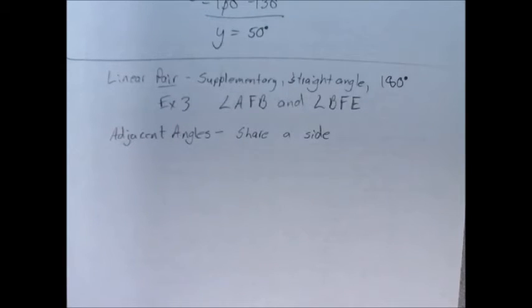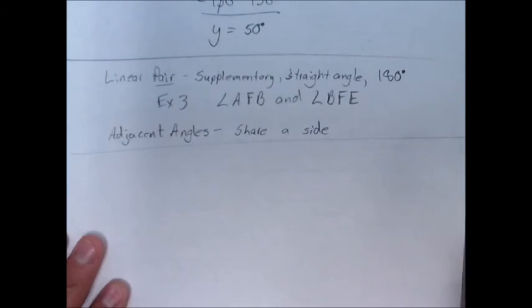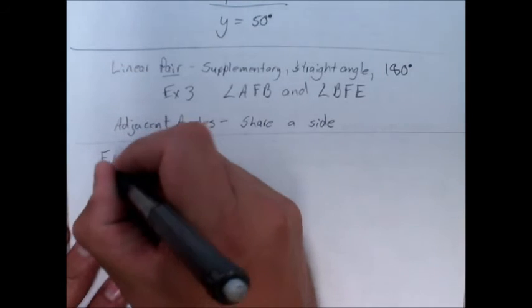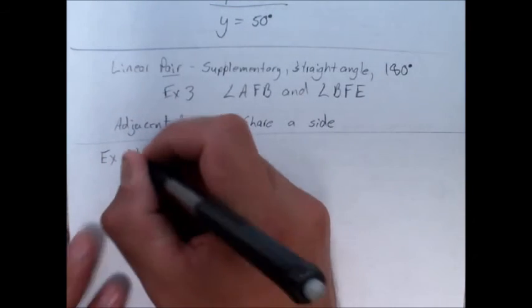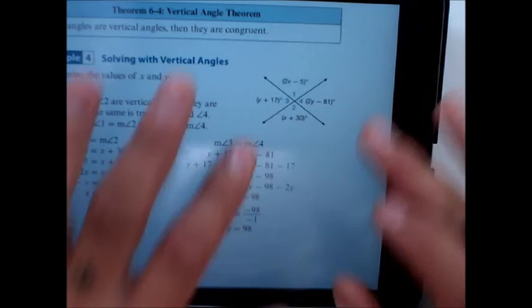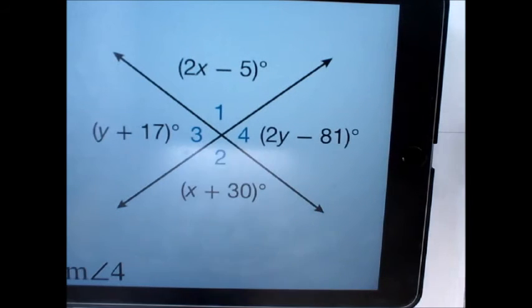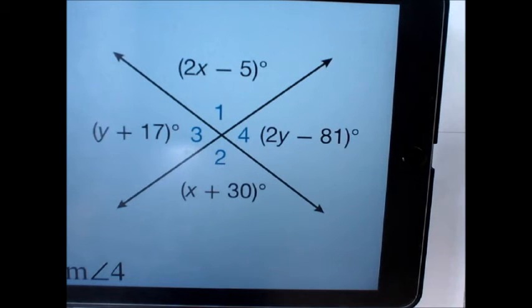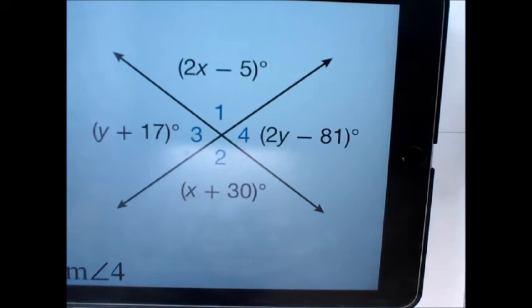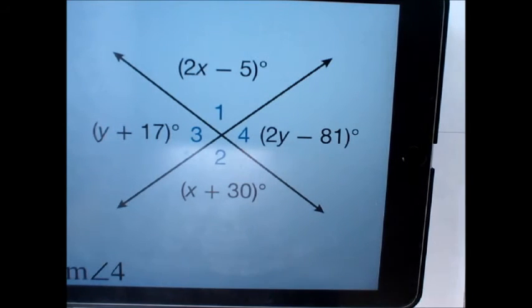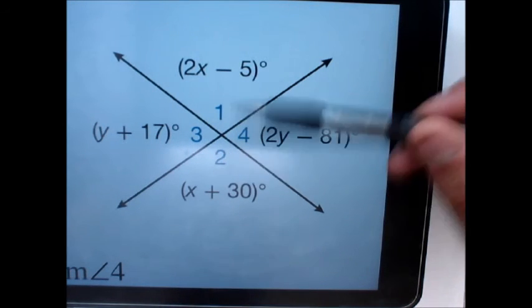Okay, they go over the definition of vertical angles in the book. We're going to go straight into some examples using those definitions. So solving these, again, this craziness right here, they renamed 1, 2, 3, and 4. Thank goodness, right? So, a pair of vertical angles, two angles that I know are going to be congruent, are 1 and 2 because they're right on top of each other.